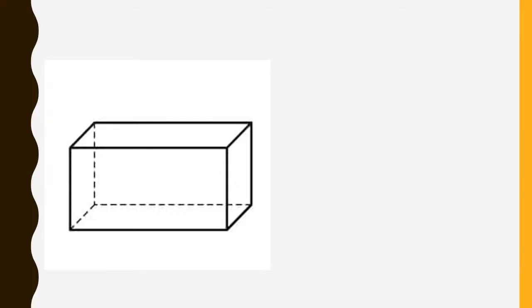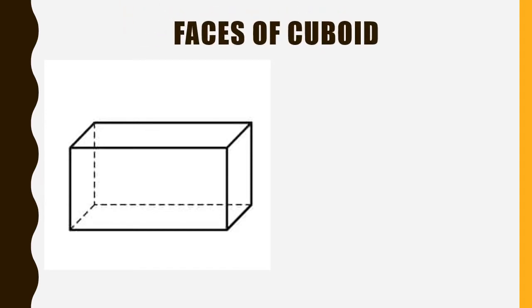Now children, what is this? Yes, very good. This is a cuboid. Now let's check the faces of a cuboid. Let's count. Face 1, face 2, face 3, face 4, face 5 at the top and face 6.